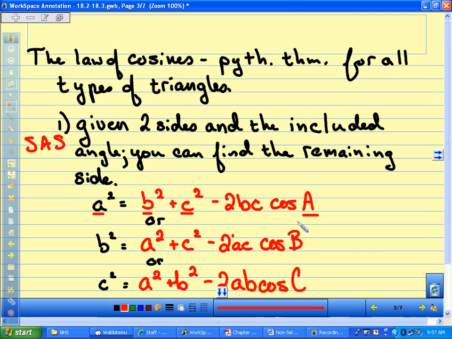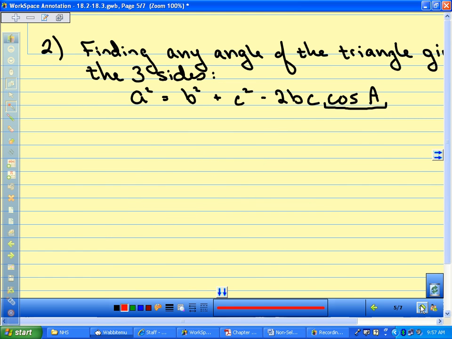So here we knew these 2 sides and the included angle, so we were able to find this other side. But what if we know all 3 sides? What would we be able to do if we knew all 3 sides? We'd be able to find the angle. And that's what I've got here on this slide, is if we know all 3 sides, we can find any angle. So the law of cosines can be used to find sides and angles.